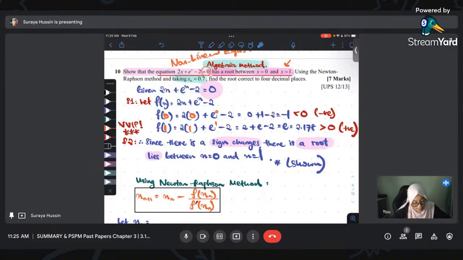And then barulah boleh masukkan nilai 0 and 1 into the fx. And then you will manage to get positive and negative sign. Mesti dua sign yang berbeza. Dia tak boleh yang sama. You must get one negative, one positive. After that, barulah buat conclusion. Since there is a sign changes, there is a root lie between 2 points, between x equals 0 and x equals to 1.